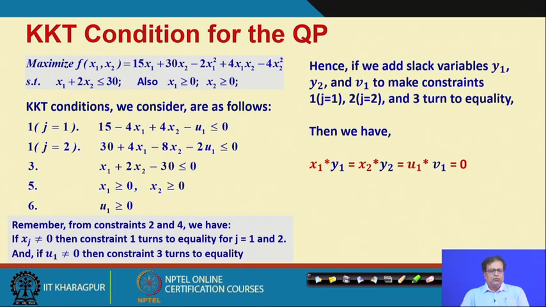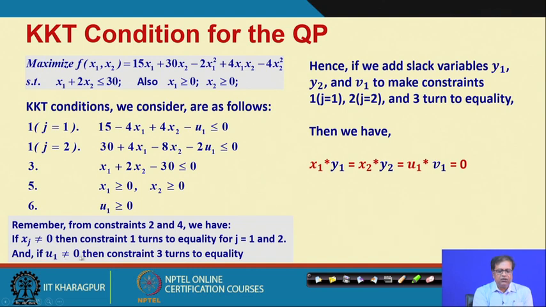So let us see exactly what these 5 conditions are and what their significance is. In this case we have these KKT conditions, our most important 5 conditions. Remember that from constraints 2 and 4, this is the same thing that we have written again.